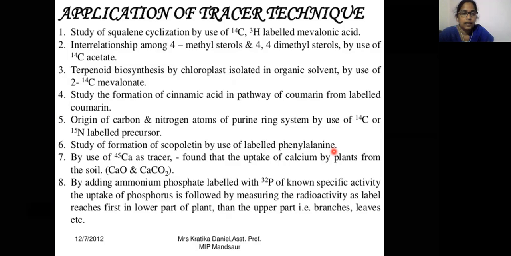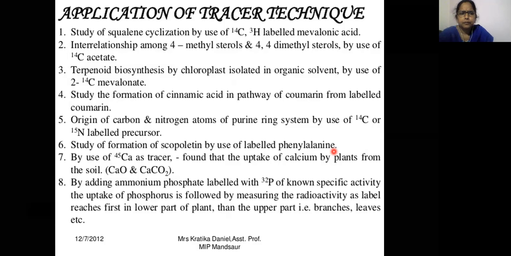And next, terpenoid biosynthesis by chloroplasts isolated in organic solvent by the use of mevalonate. We are using radio labeled mevalonate, labeled with C14, and studying the biosynthesis of terpenoids.